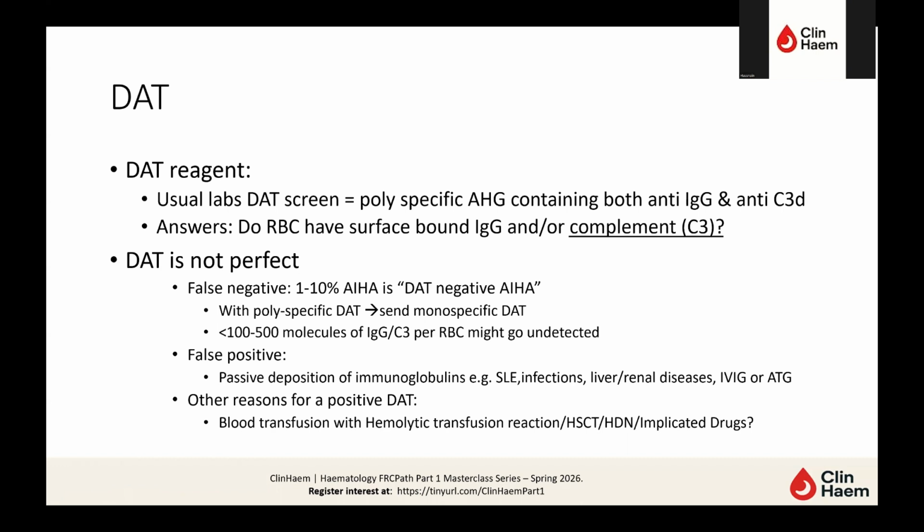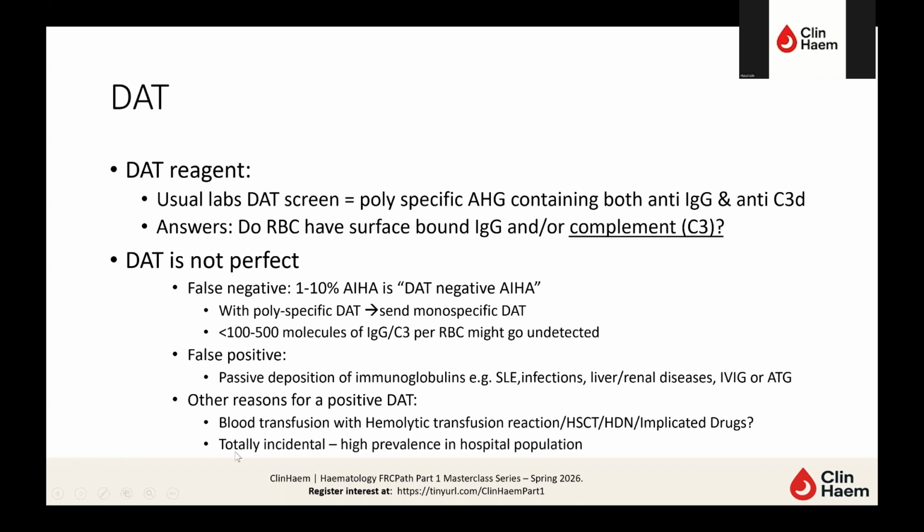Now, when you take a patient's sample, it will have those donated cells coated with antibody, and it will be picked up by the DAT test and show a positive DAT, but that doesn't mean this patient has autoimmune hemolysis. It just means, again, that the cells you've taken from the patient are coated with some immunoglobulin.